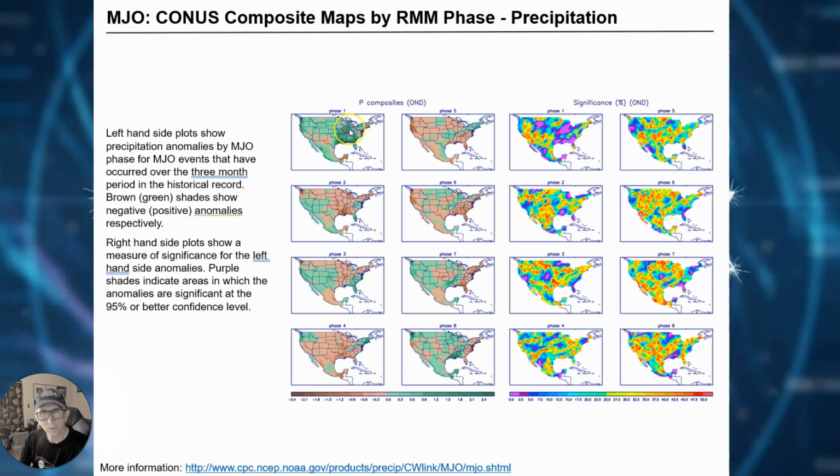Okay, and then phase 1 is where we really get into a favorable precipitation regime for areas where they really need it, especially in the southeast. For most of the U.S., it's favorable.